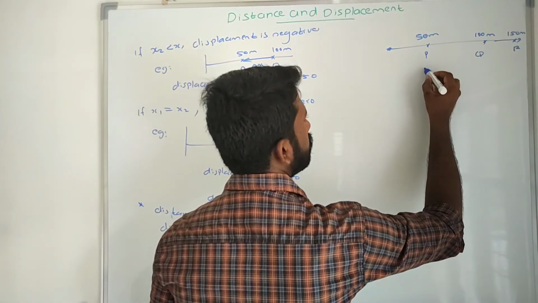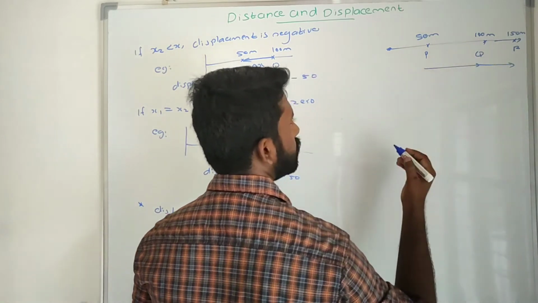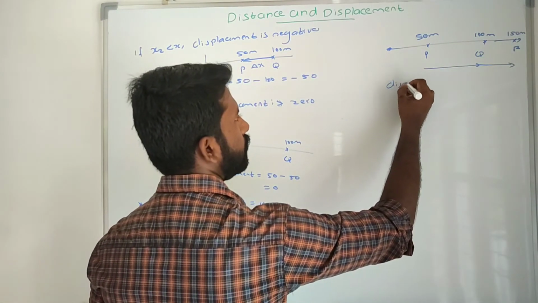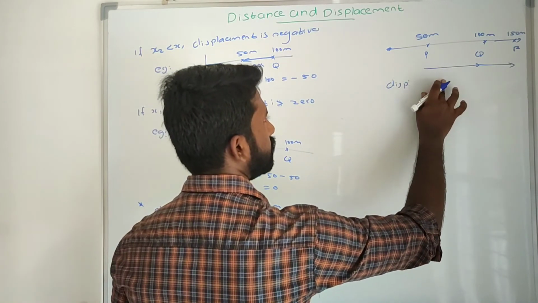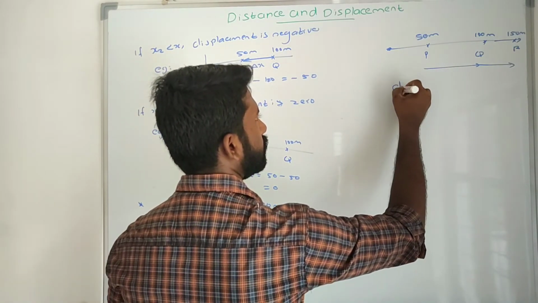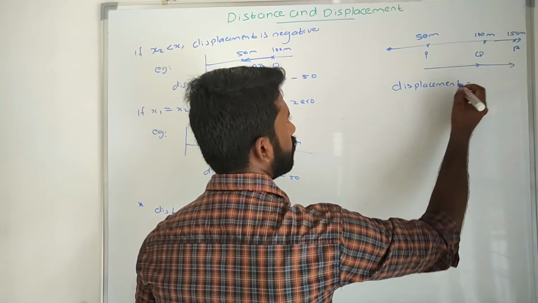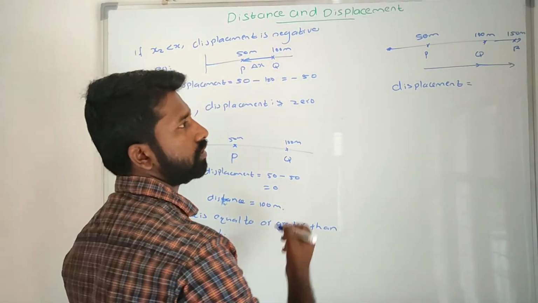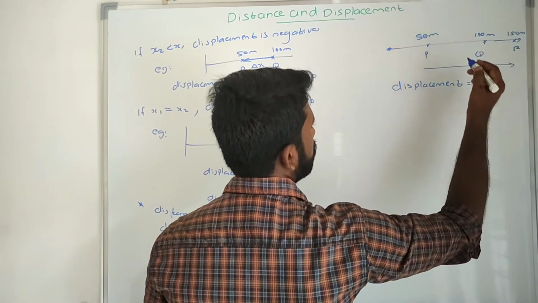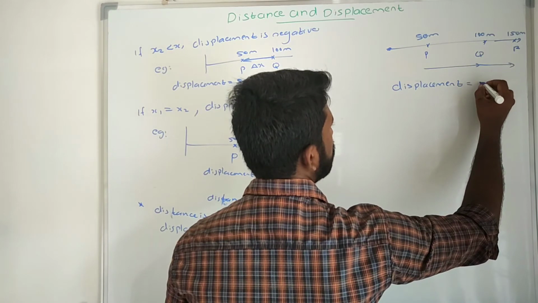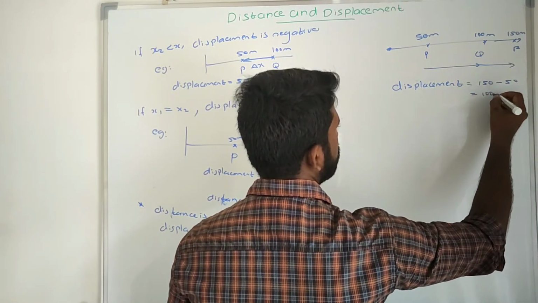Initially the object went from P to Q and then to R. How much are the distance and displacement? Displacement equals final position minus initial position, that is 150 minus 50, which equals 100.